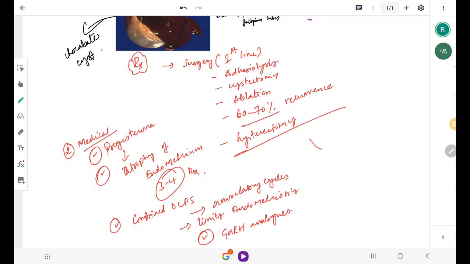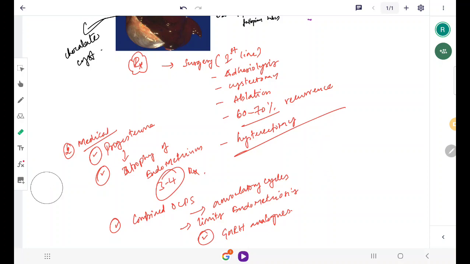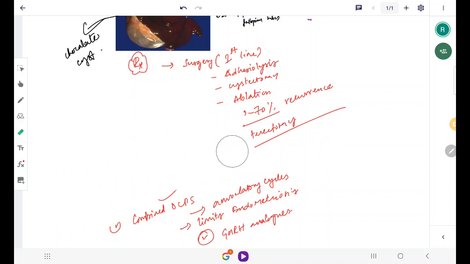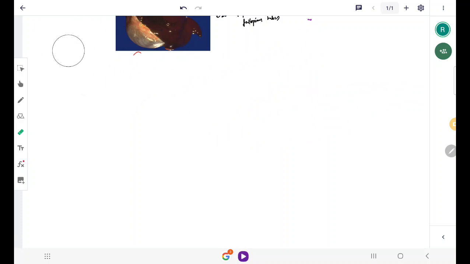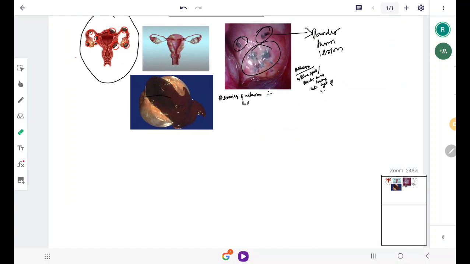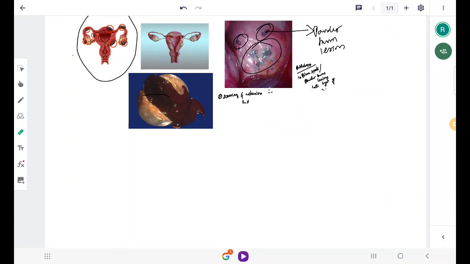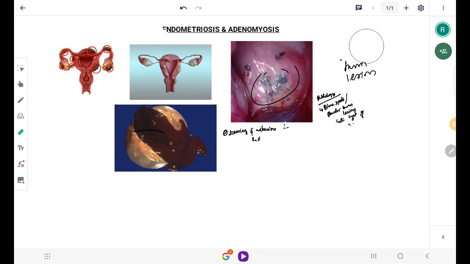And then we'll study about, this is all about endometriosis, and then we'll study about the adenomyosis. Adenomyosis is more or less same like endometriosis, but it is a condition where the endometrial tissue grows in the myometrium, right?